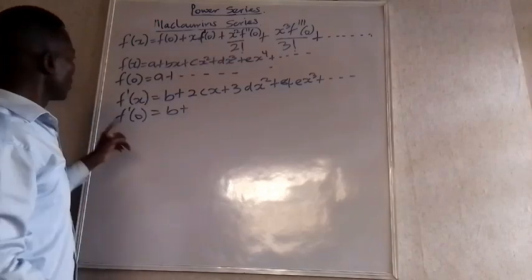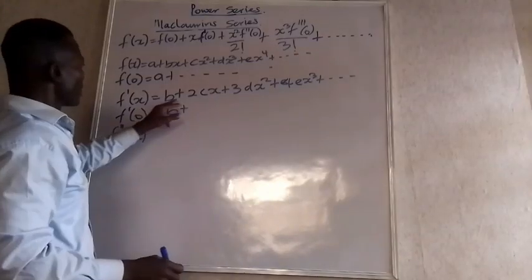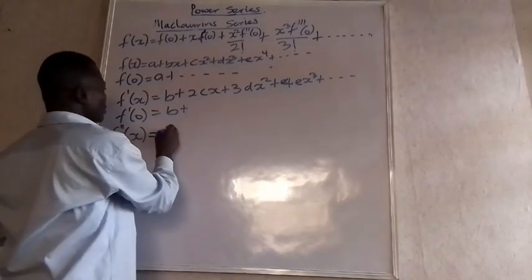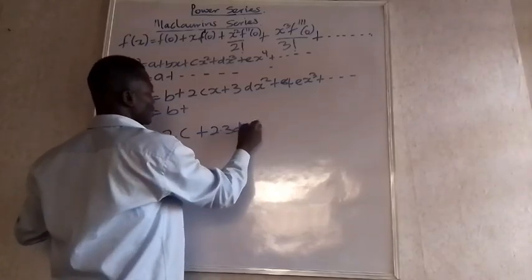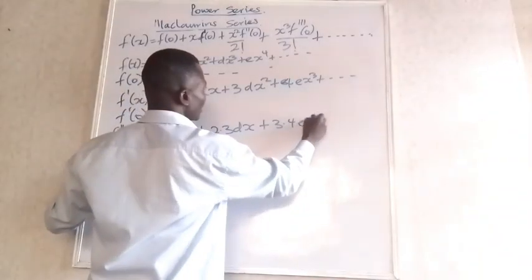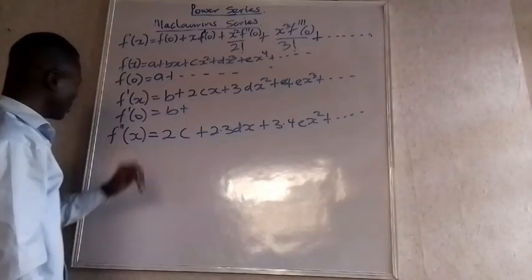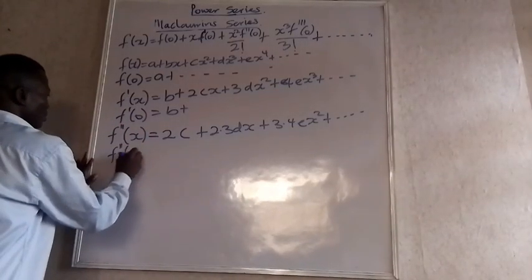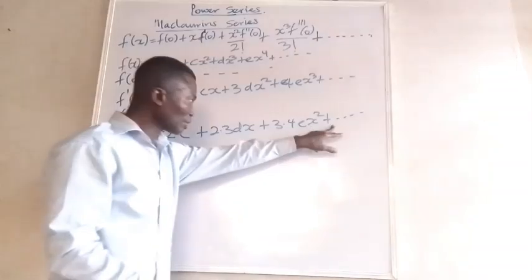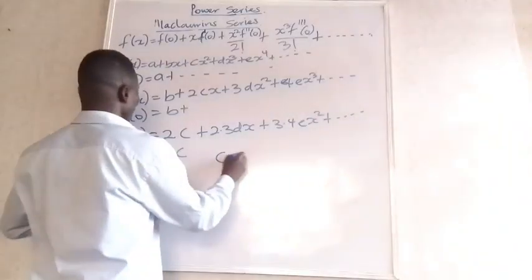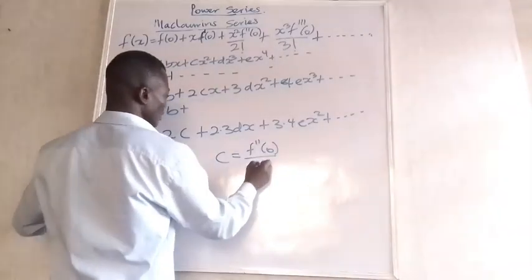So that's how we got this. For the next one, I differentiate this again. b disappears, and I have 2c plus 2 times 3dx plus 3 times 4ex squared plus and so on. Putting in 0, all the other terms become 0, so c is equal to f''(0) over 2 times 1.